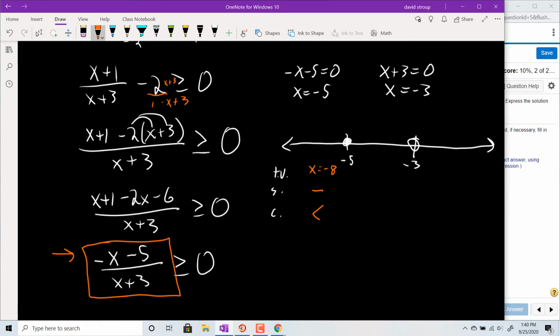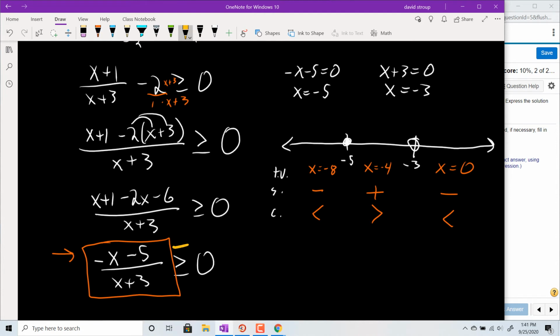So it's less than. I'll try x is negative 4. Negative 4 is positive 4, minus 5 is negative. Negative 4 plus 3 is negative. Negative divided by negative is positive, so it'll be greater than. Then I'll try x is 0. Negative over a positive is negative, so it'll be less than.